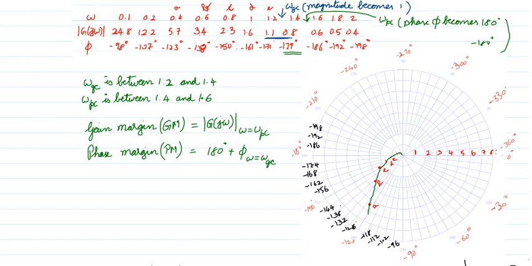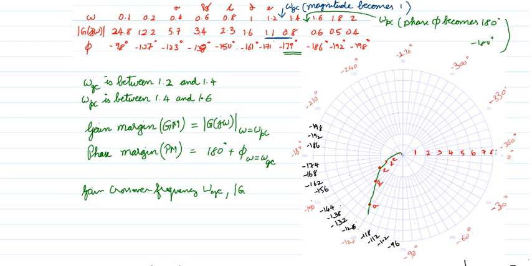Okay, now we observe very closely. We already saw in our Bode plot lecture what the gain crossover frequency is. The gain crossover frequency, omega gc, means the gain becomes 1.